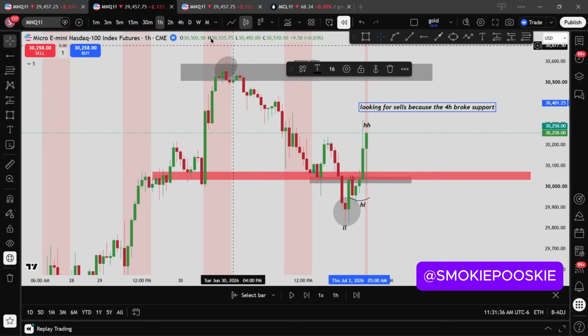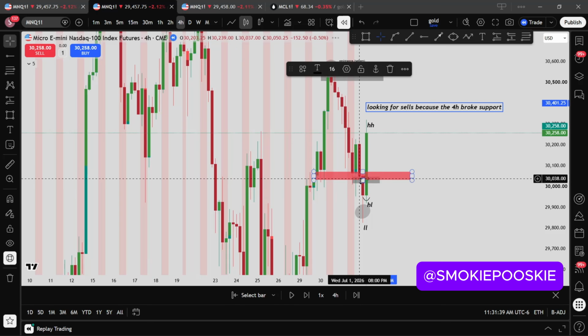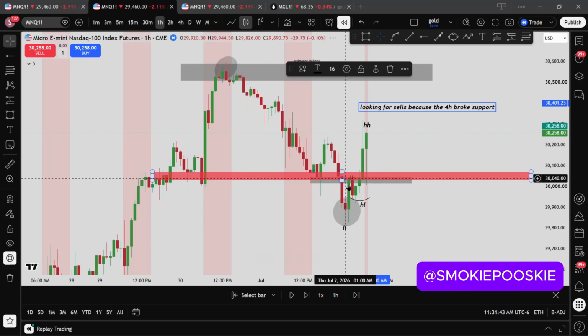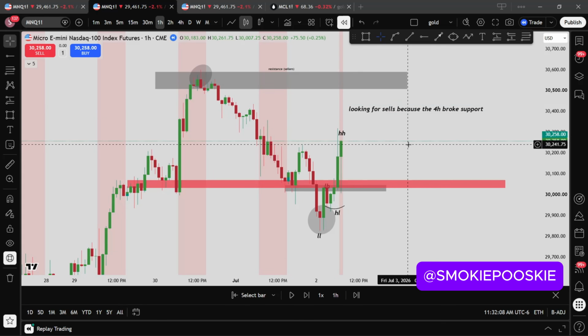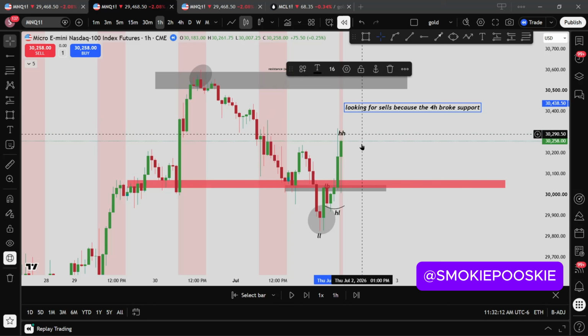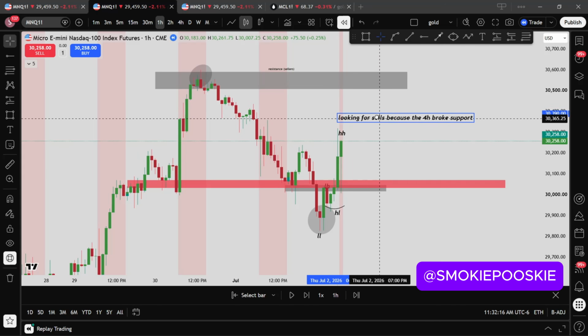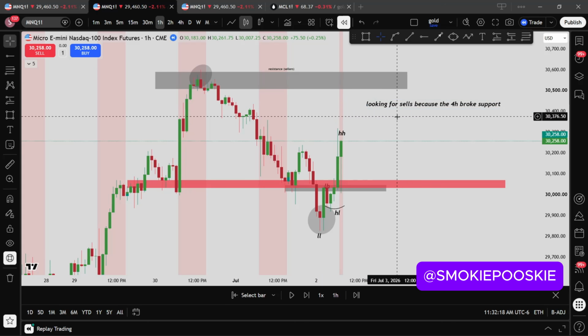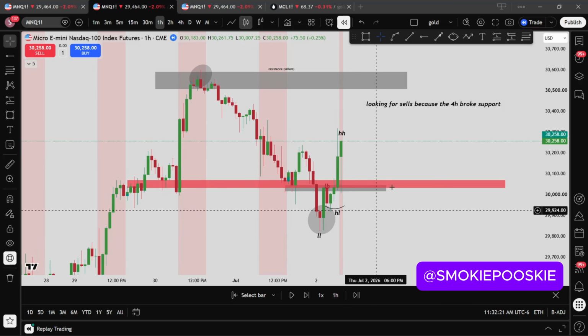So my 4-hour gave me a hint that it's breaking support. It wants to go down. So now on the 1-hour, even though it wants to go up, I'm still looking for sells because I know that the 4-hour time frame is stronger than the 1-hour time frame. So I'm looking at what the 4-hour wants to do and looking for that on the lower time frame.